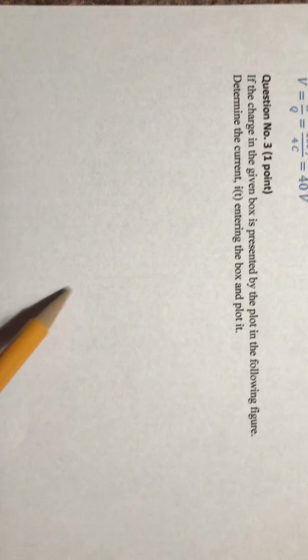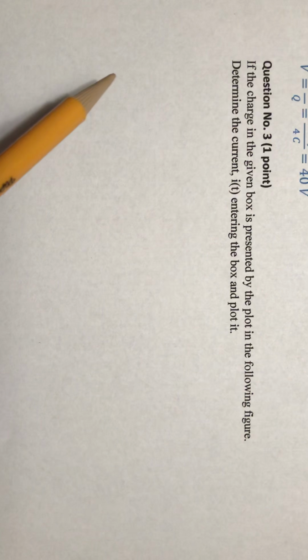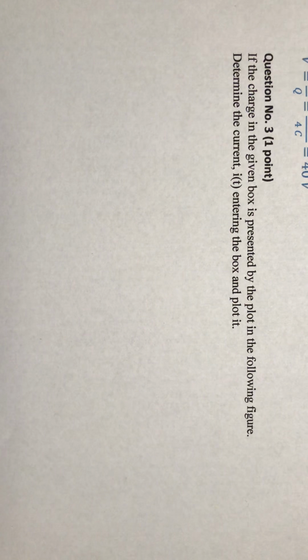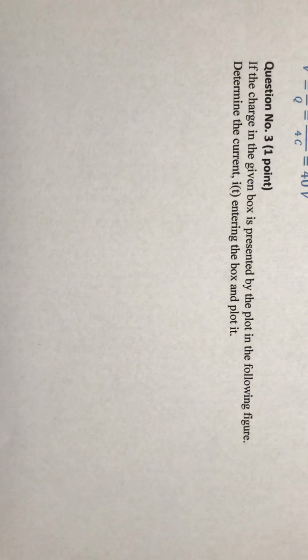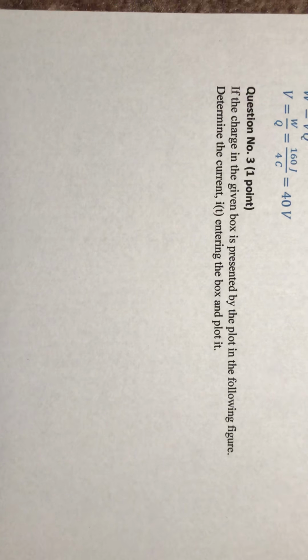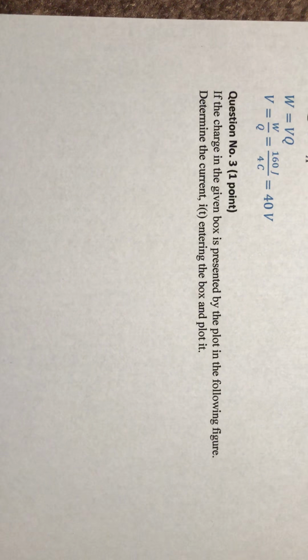Now, moving down to question number 3, it says if the charge in the given box is represented by the plot in the following figure, determine the current I entering the box and plot.